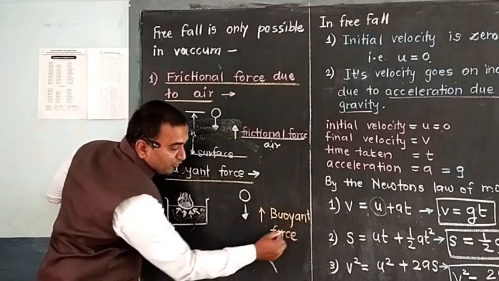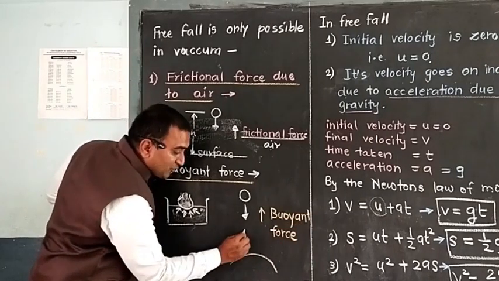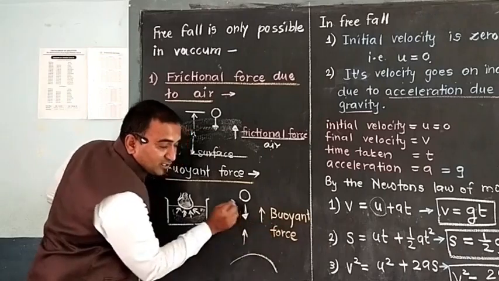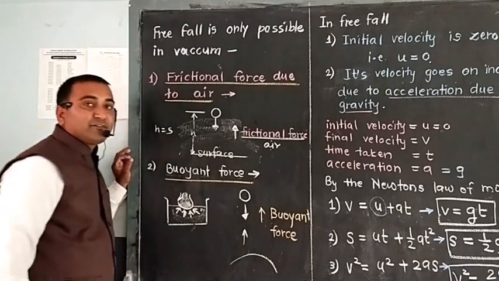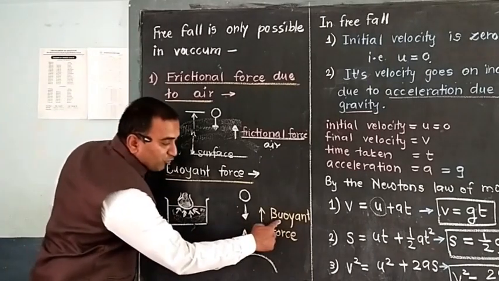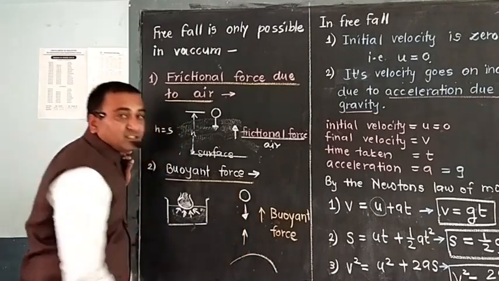But here the buoyant force exerted by the atmosphere upward is also working on that object. So the object is not falling only under the influence of gravity. Again one force is working on that object, that is the buoyant force, which is upward.